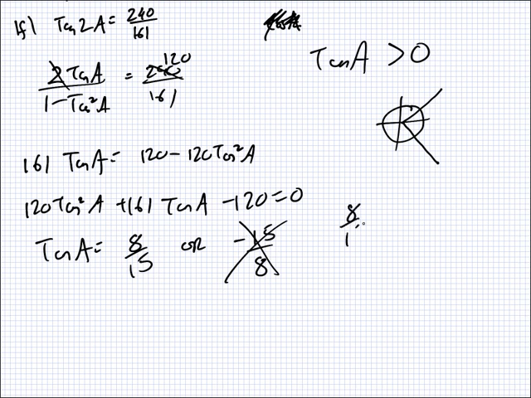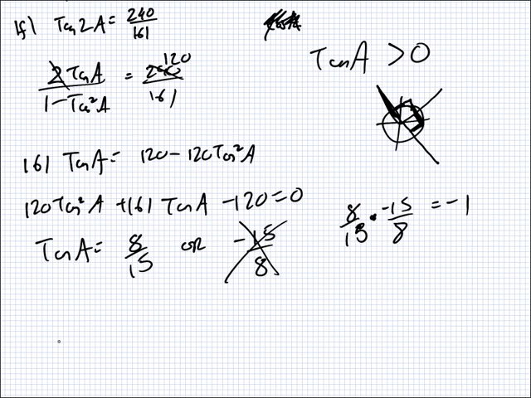If you do 8 over 15 times minus 15 over 8, that equals minus 1, which means they must be perpendicular answers. Maybe it's in a different quadrant.